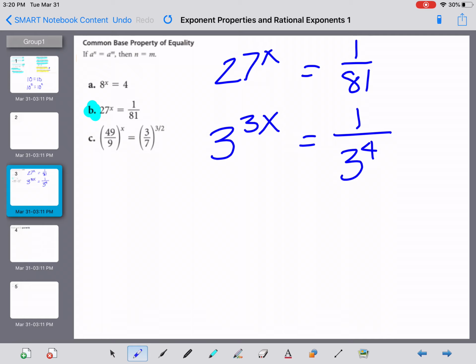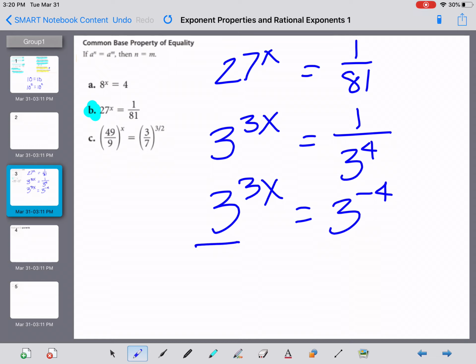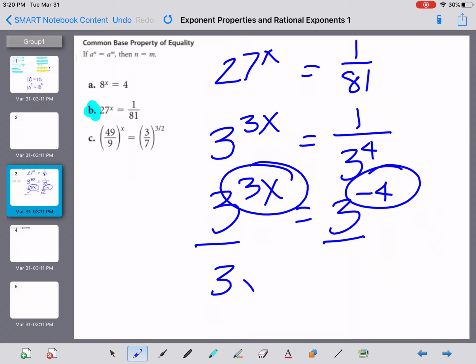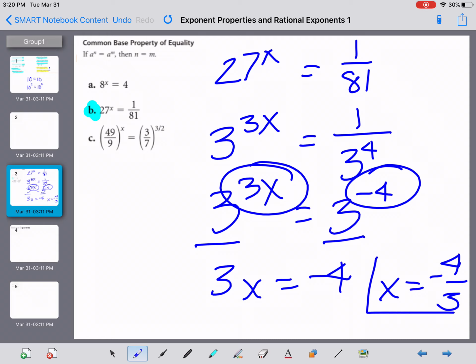So leaving this as a fraction isn't going to help, but I can move that by making this a negative exponent. Now the bases are all here, and now I have equivalent exponents. 3x equals negative 4, x equals negative 4/3. Okay?